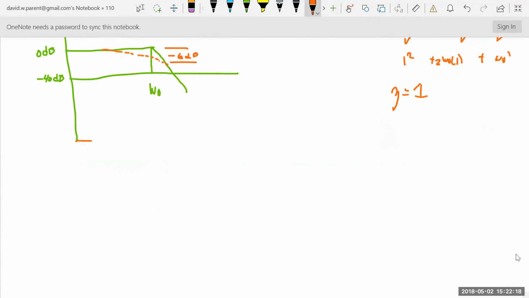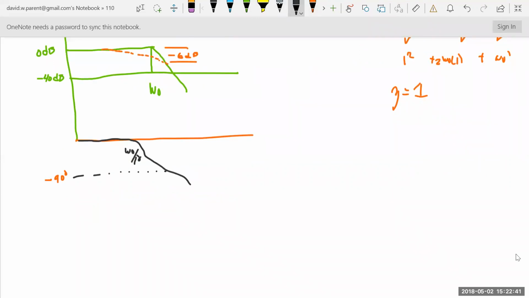Now, just to reiterate what I said: omega naught is where we're at minus 90 degrees. At omega naught divided by 10, that's where it starts to go down. At omega naught, it's minus 90.